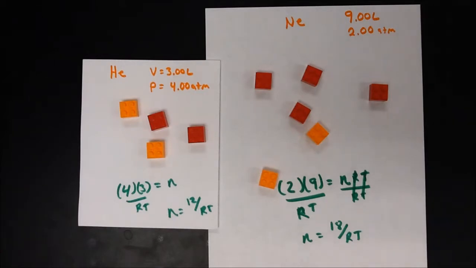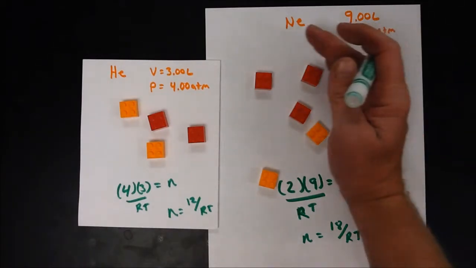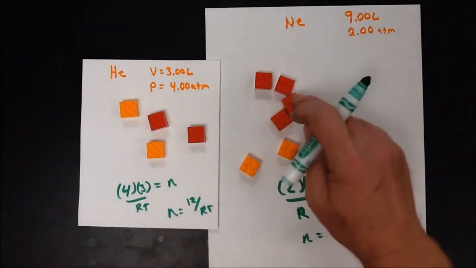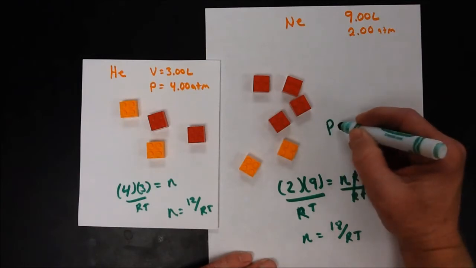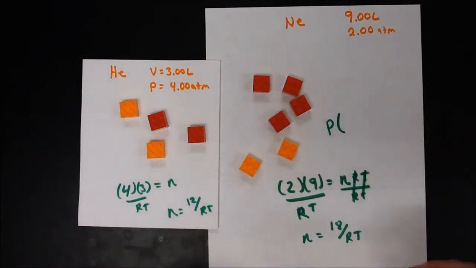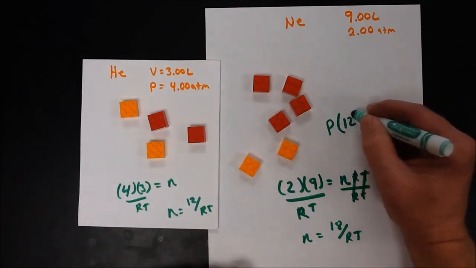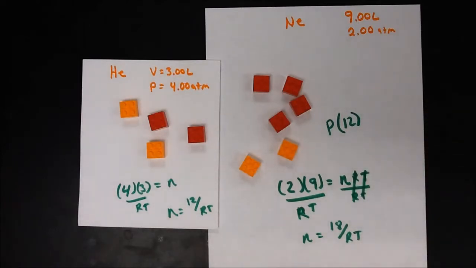At this point, I want to go back and find what the total pressure is now that we've put all these together. Well, the easiest way to do the total pressure is to say pressure times volume. Now when I combine the two, the volume becomes 12, equals n, but I didn't have an n value.